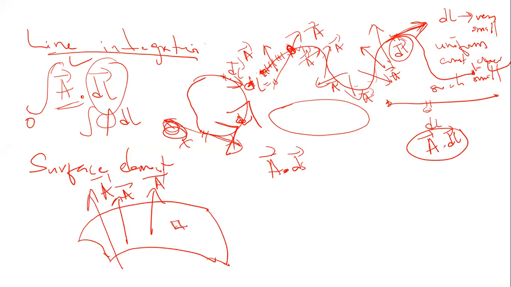The magnitude of ds is taken very, very small, infinitesimally small. So if the ds vector magnitude is very, very small, then the vector field can be considered constant or non-varying over such a small infinitesimal area. But if you consider a larger area, over here the vector field may have a direction like this, and over here an arbitrary direction like this.